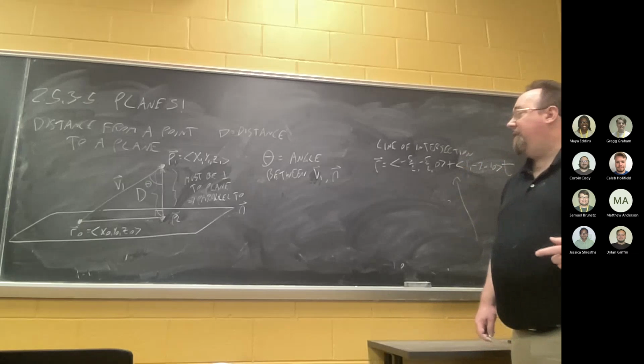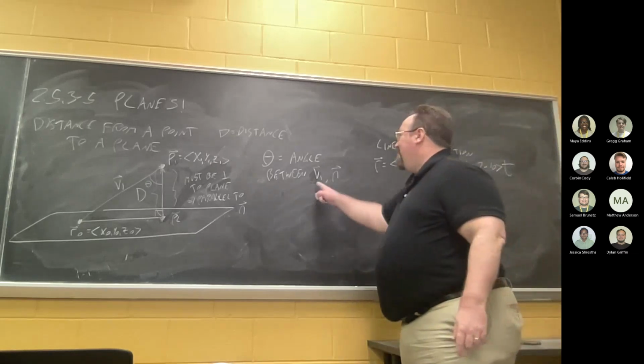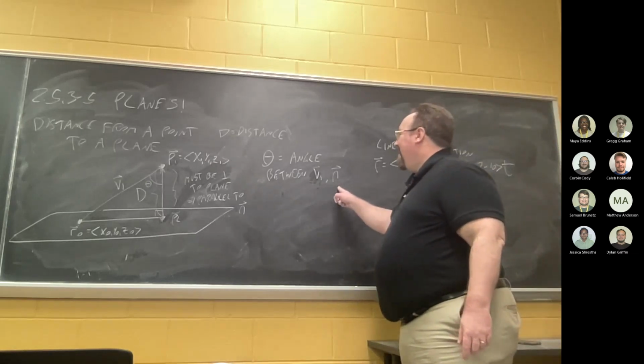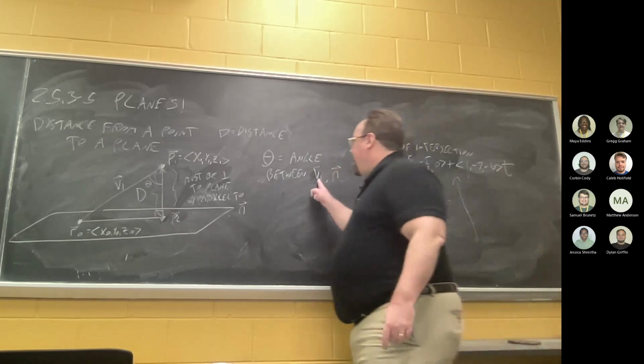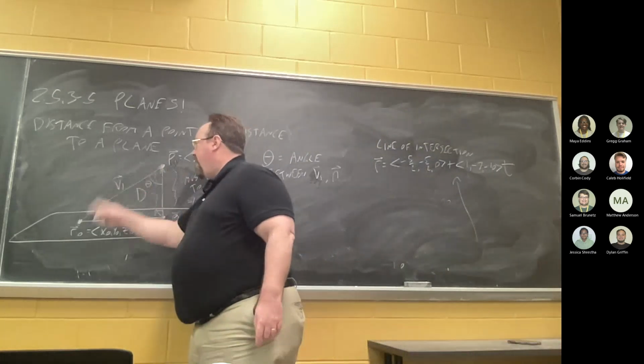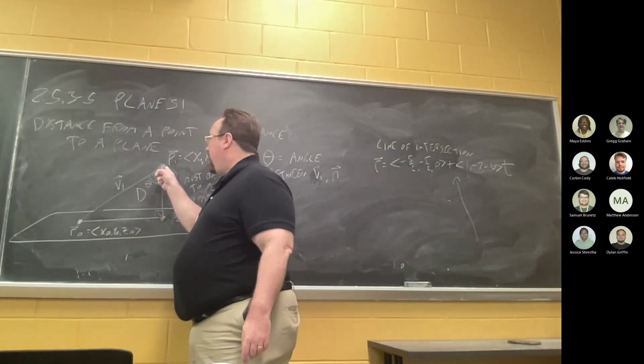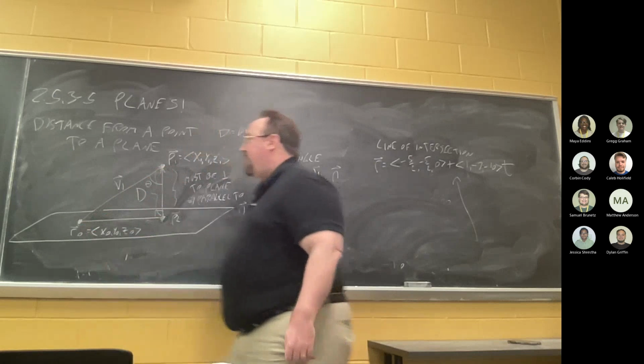And both of these vectors are known, because n I read off the equation of the plane, and V1 comes from these two points that are known: the point I'm trying to find the distance from to the plane, and some given point in the plane.